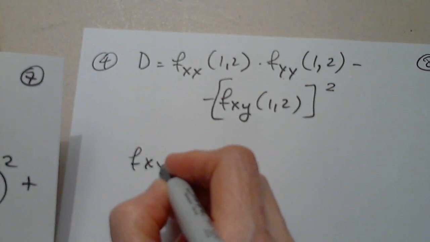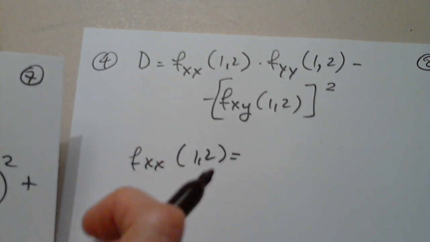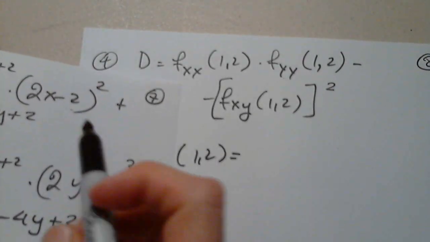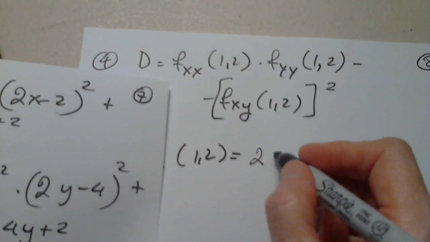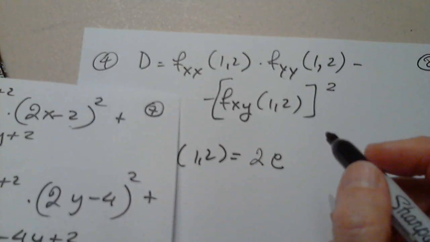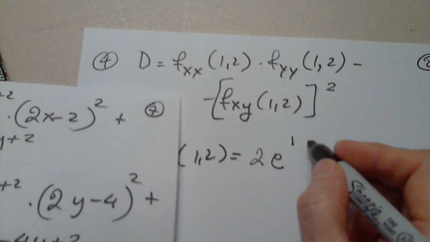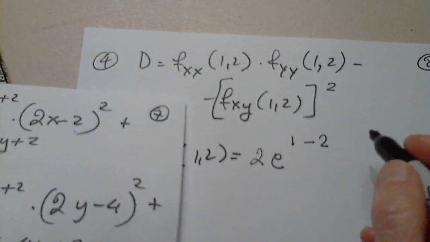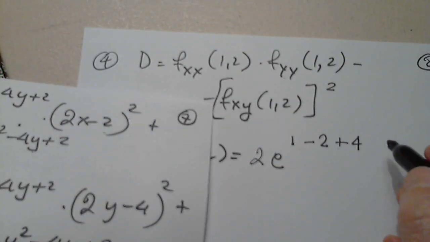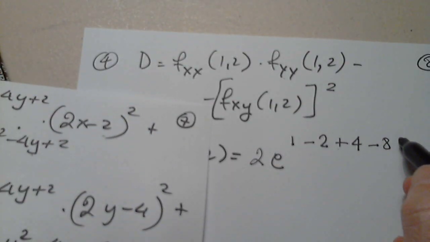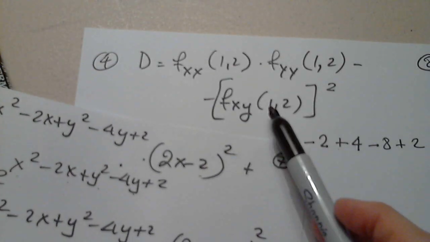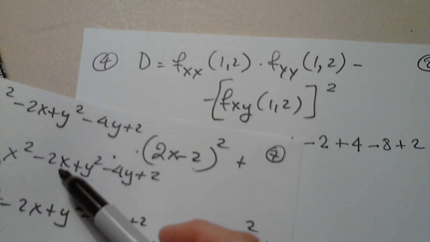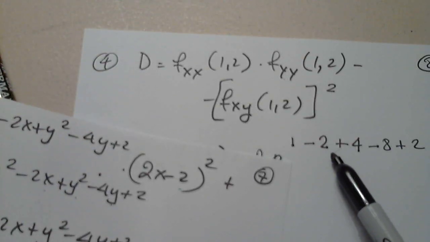So fxx at 1, 2. This is just algebra. So this goes away. So then I have 2 e. So let's see, x squared, 1 minus 2 plus 4 minus 8 plus 2. So x squared is 1. Negative 2 times 1 is negative 2.